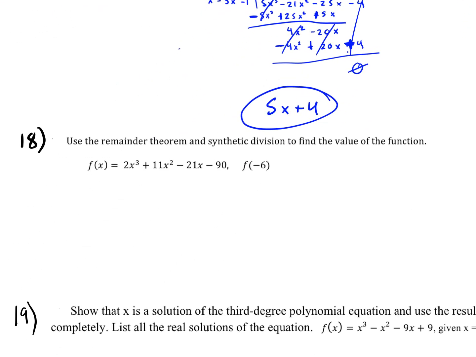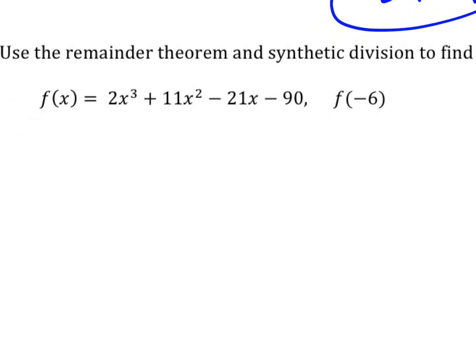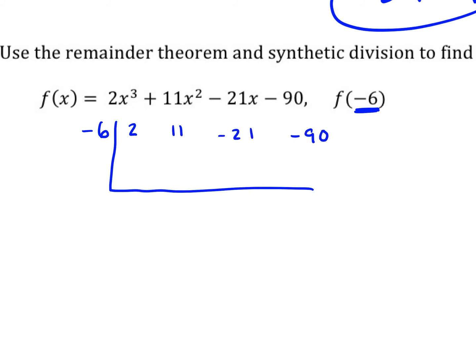All right, 18. Use the remainder theorem and synthetic division to find the value of the function. So to evaluate the function at this value, we can just do synthetic division. So outside I would put negative 6. Inside I have 2, 11, negative 21, and negative 90.